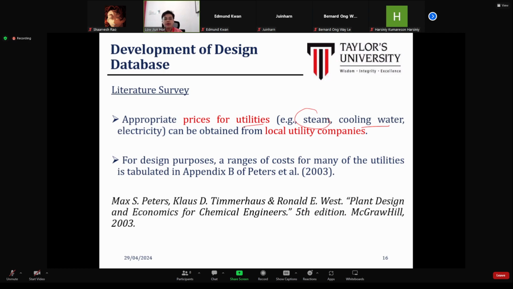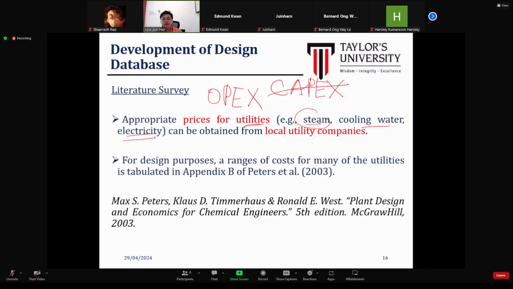Or you need to supply electricity, the current, to operate it. All the use of these utilities will contribute to your OPEX. What is OPEX? Operating expenditure.